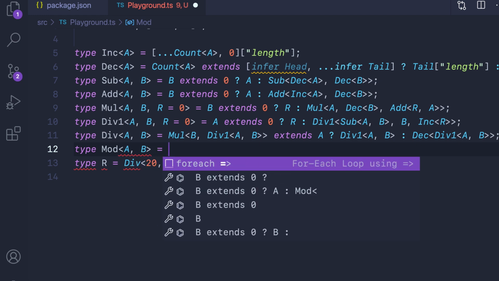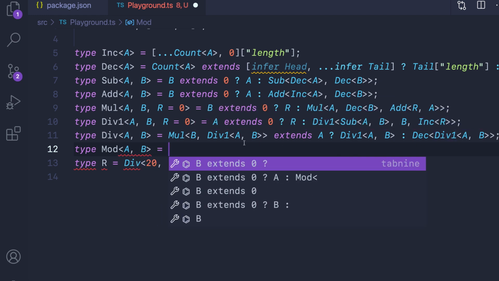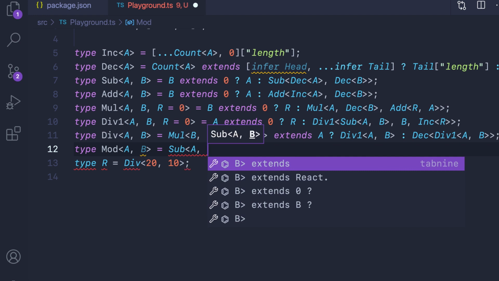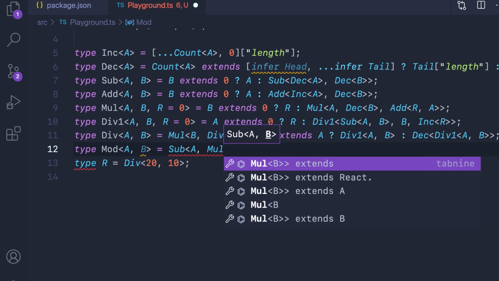Modulo A B: we subtract from A, divided by B. No, multiply with this thing here.